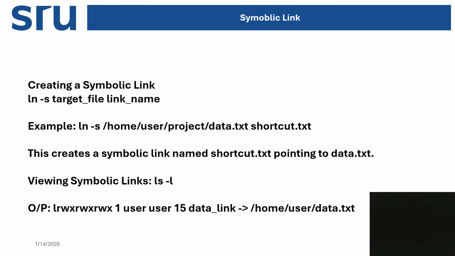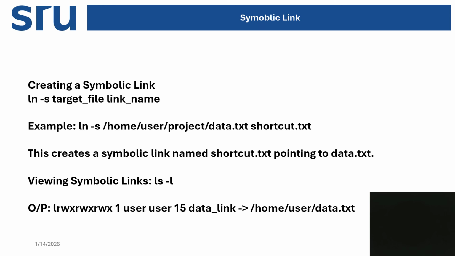The link name is shortcut.txt. So shortcut.txt is one file that points to data.txt, and data.txt points to the original data available in the hard disk. It simply creates a symbolic link named shortcut pointing to data.txt.